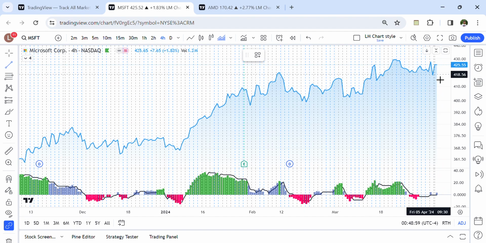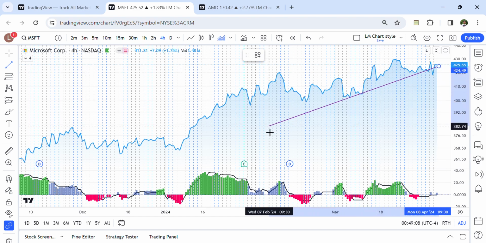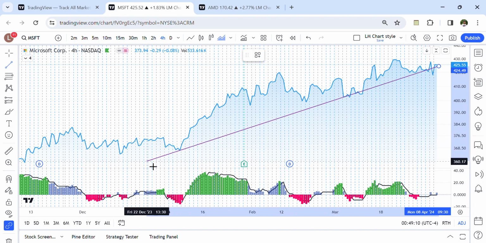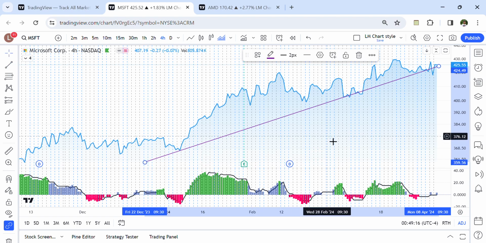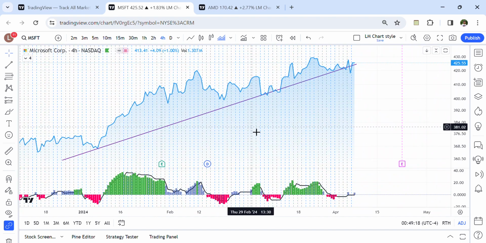Now like this is a new low. Okay, this seems to be a panic selling, so I will consider this as the new low. Okay, and you have a trend. So I will try to connect as many dots as possible. Okay, you still have a trend.